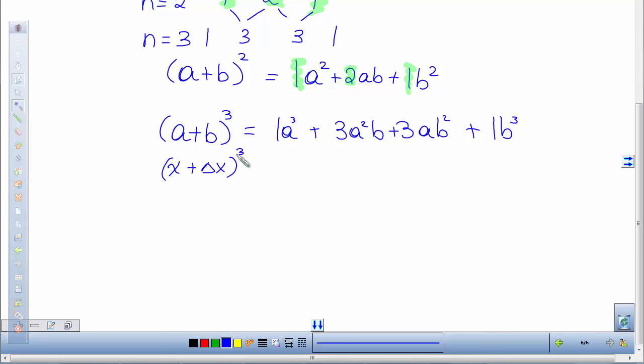So x plus delta x cubed is equal to x cubed plus 3x squared delta x plus 3x delta x squared plus delta x cubed.